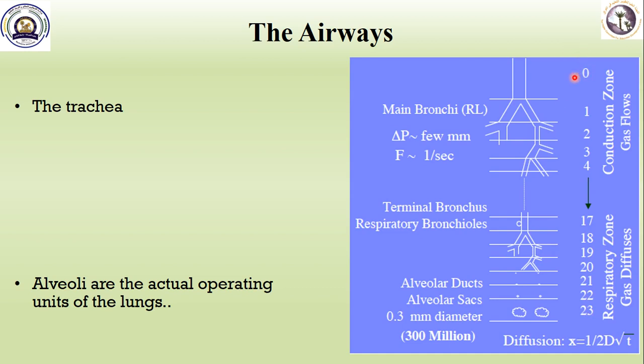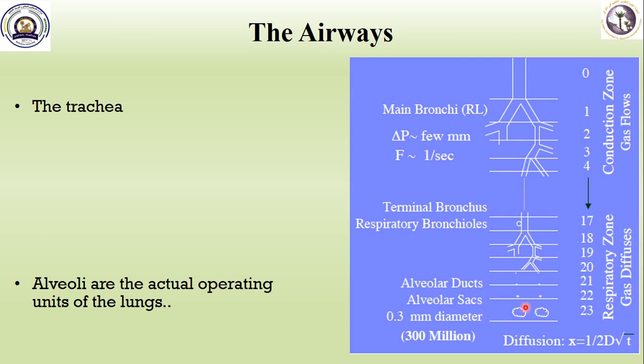From level 0 to level 4 is considered gas flow through these vessels, and from level 17 to 23 is considered the respiratory zone, which is where gas diffusion happens.